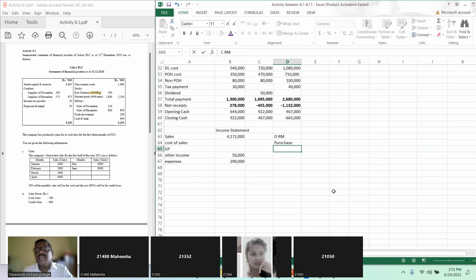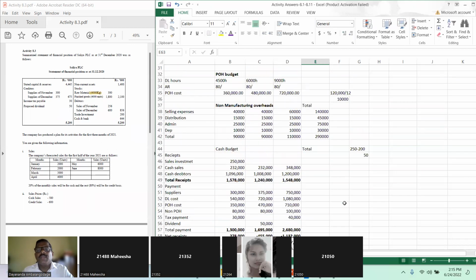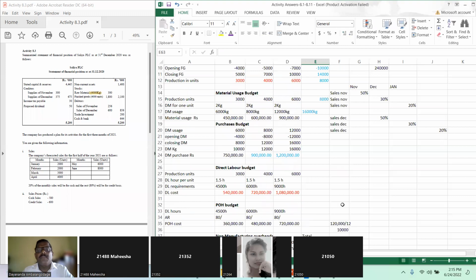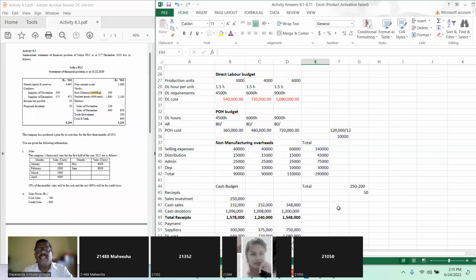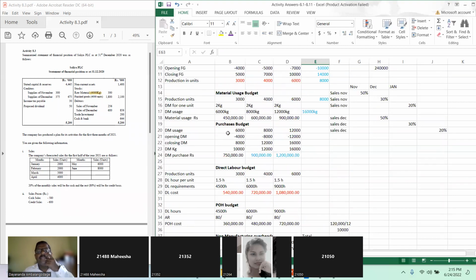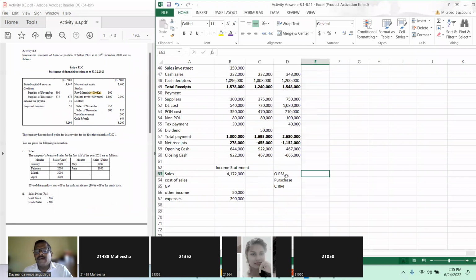Make workings. The opening raw material, purchase budget, closing raw material. The opening raw material 4,000.